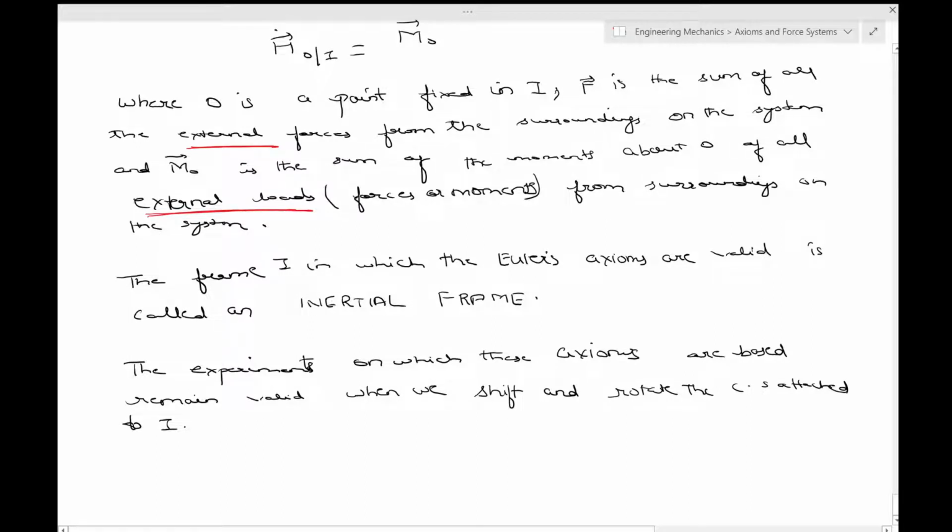Now there are some comments about the inertial frame which you may already know, but I think it's worth discussing again here. It is impossible to find an exactly, let me emphasize that word, an exactly inertial physical frame.